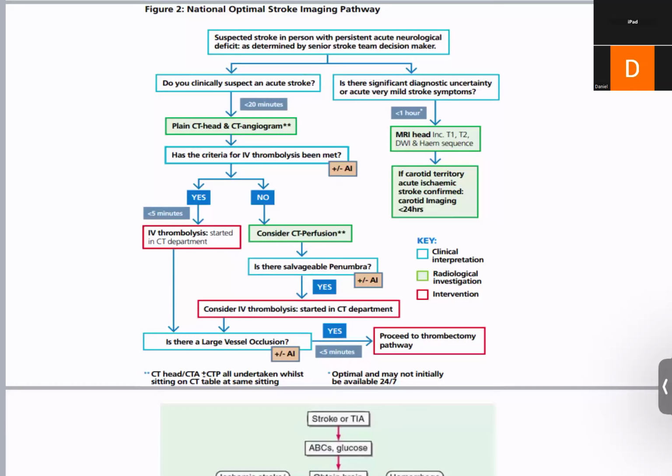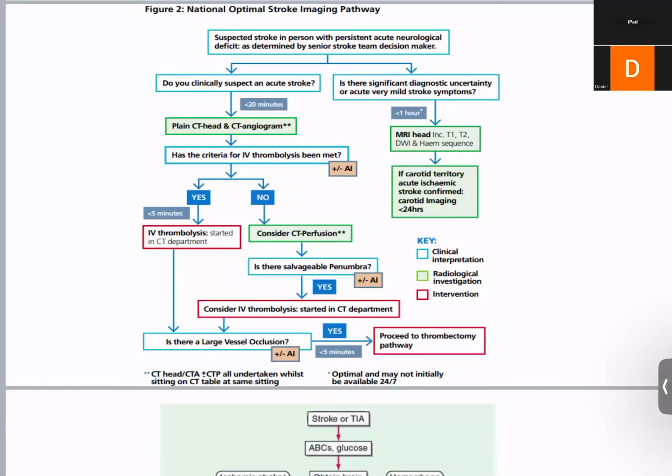After taking plain CT, if we rule out hemorrhage and it is more likely an ischemic stroke, and if the criteria for thrombolysis is met, they propose to give IV thrombolysis in the CT department within 5 minutes of imaging.